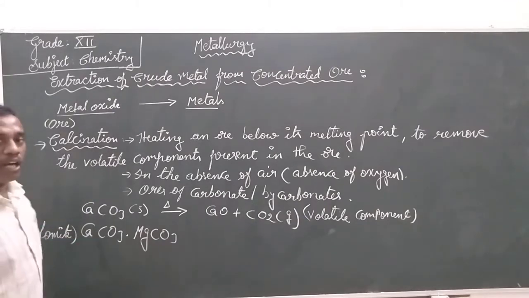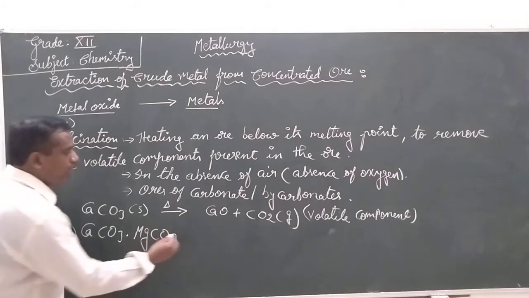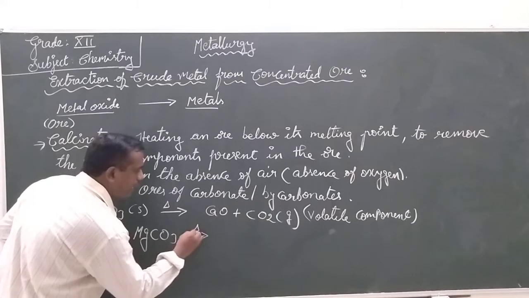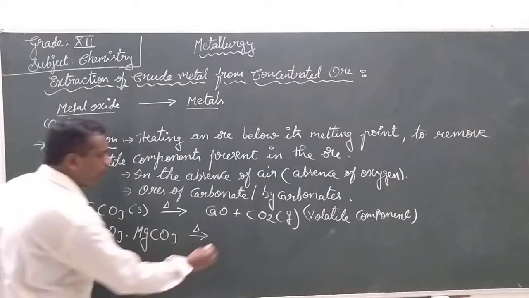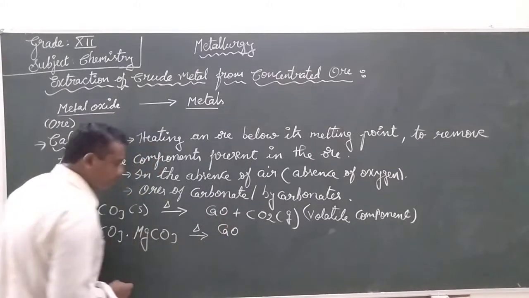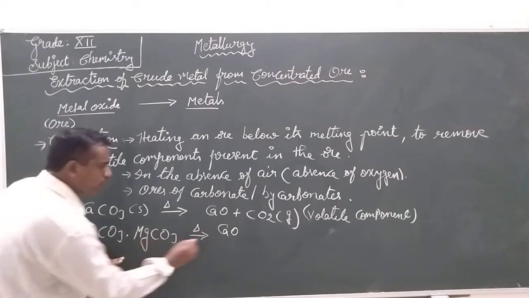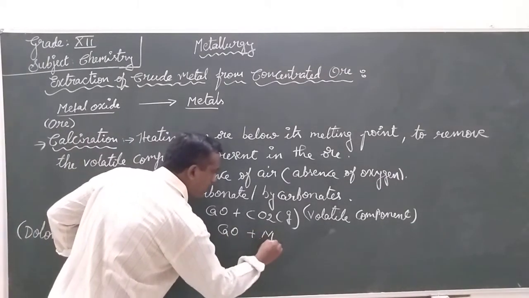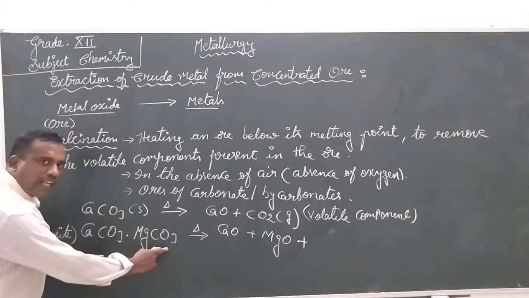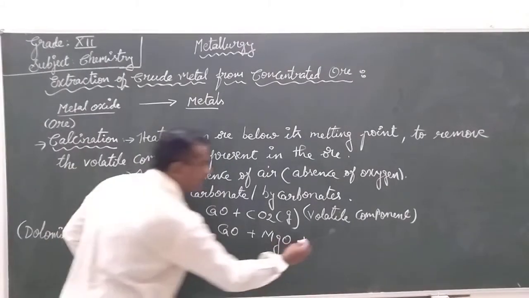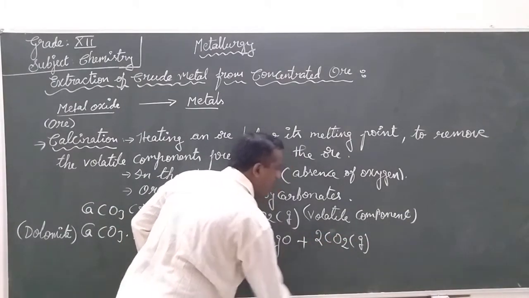The calcium carbonate and magnesium carbonate are present together in the ore. When you heat this kind of ore, it also decomposes to give calcium oxide and magnesium oxide, and from each one carbon dioxide escapes in the form of carbon dioxide gas.